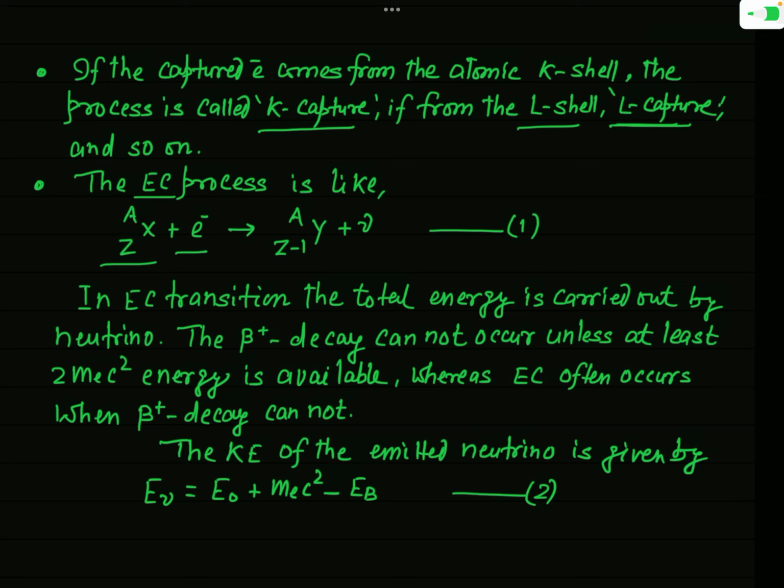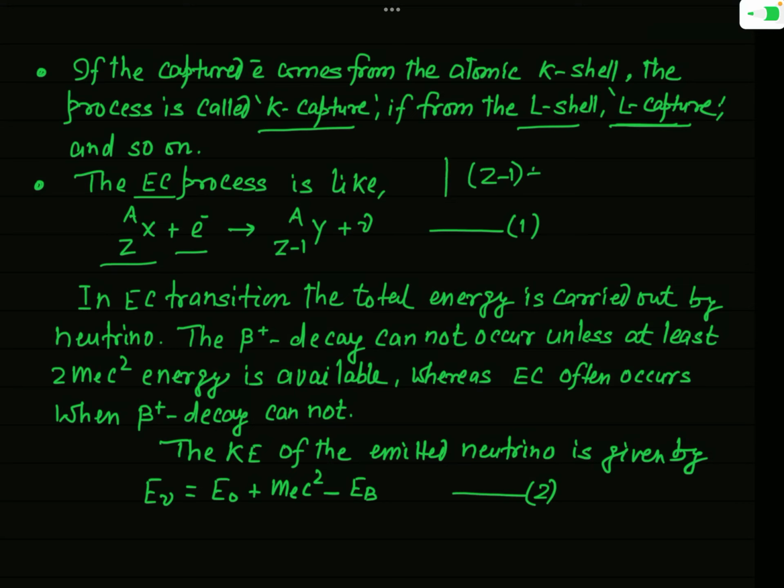You can see that it will not change, because in the daughter nucleus there is a decrease in the number of protons. So the new number of protons in the daughter nucleus will be Z minus 1, because one proton has been converted into a neutron.